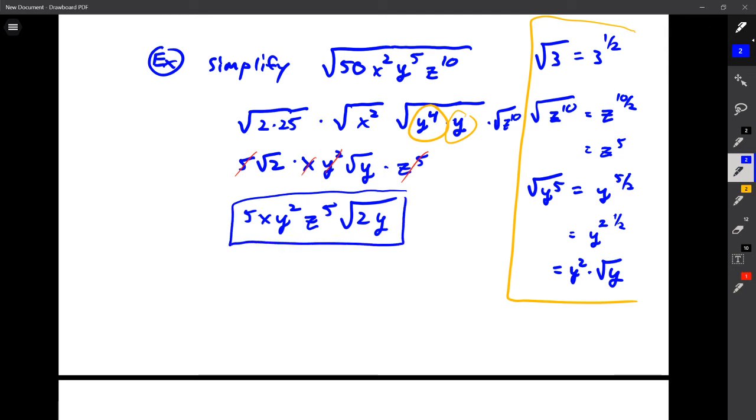Now, technically, there are some absolute values that should go on here, but I'm not going to require you to do that. But here's something that technically you should do as an extra step.